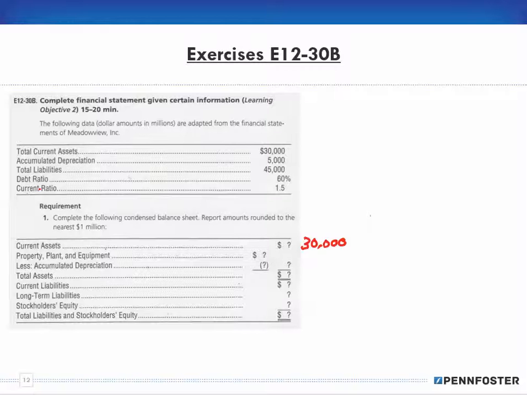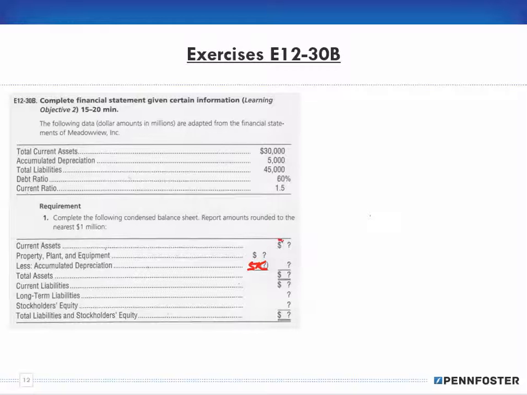Let's sit down and think about this. What do I have? I have my current assets, and I have property, plant, and equipment, which I don't have information on. I have less accumulated depreciation, which is 5,000 right here.